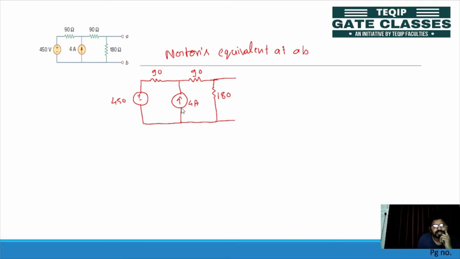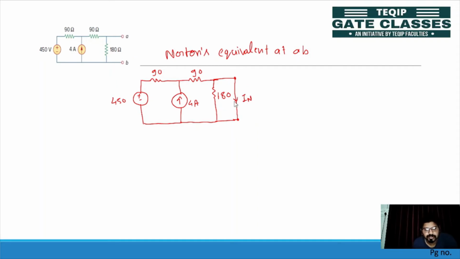Okay. So now we have to find Norton's current. So what is Norton's current? The terminal is already open, so we have to just short this terminal and find current in this. This is your IN, Norton's current.